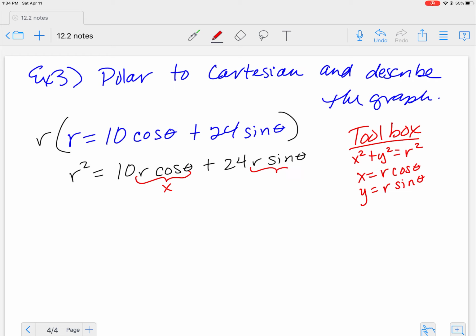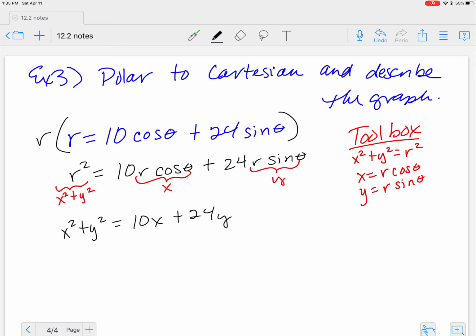That is the same thing as x. That is the same thing as y. And that is the same thing as x squared plus y squared. I just converted all of my r's and thetas into x's and y's. So I have x squared plus y squared is equal to 10x plus 24y. Now, when you have this x and y, and we have these sines and cosines, that's a pretty good tip-off for doing something circular here also, right?